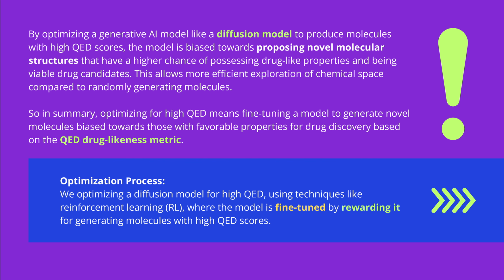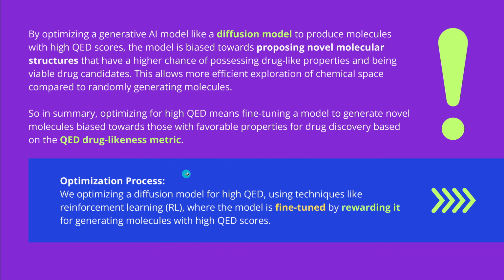So this means optimizing our models for a high QED means simply fine-tuning a model to generate novel molecular compounds biased toward those that have favorable properties for drug discovery, like our QED drug likeness metric. So if you take a step back, you see, hey, this is just an optimization process we know from physics.